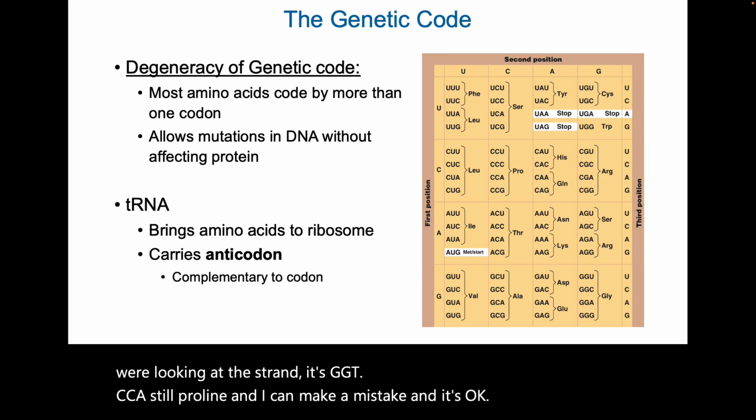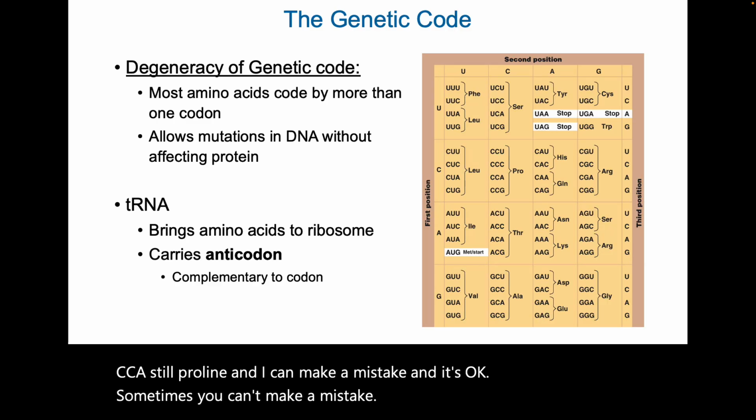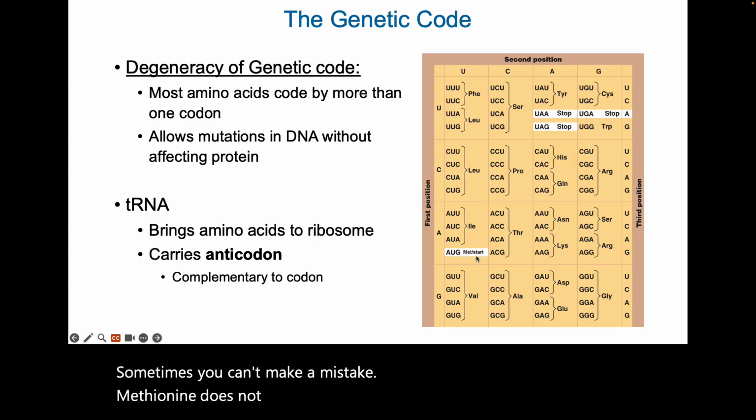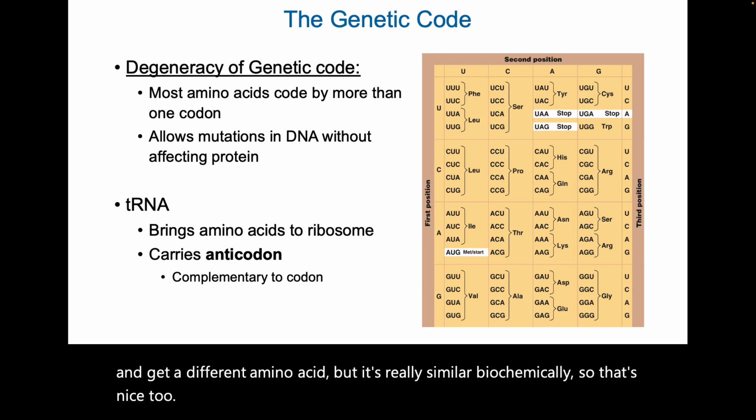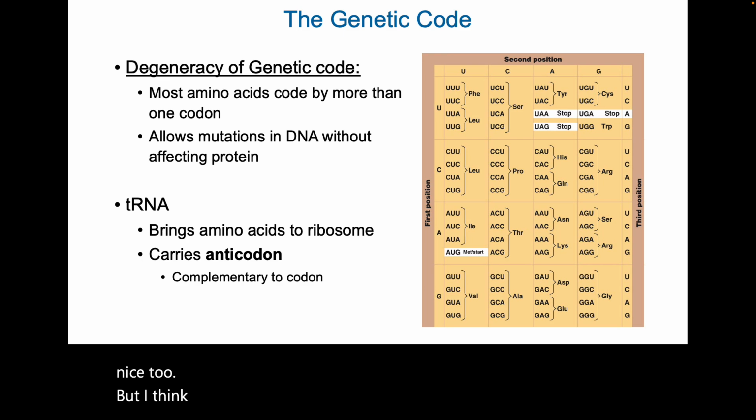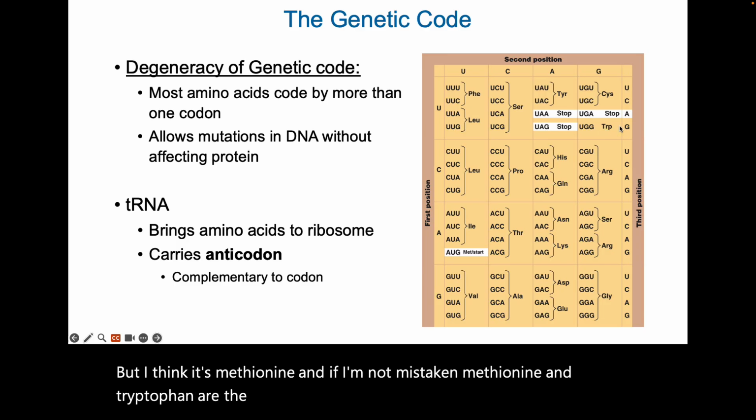Sometimes you can't make a mistake. Methionine does not let you make a mistake. Okay. But oftentimes you can. And sometimes you can even make a mistake and get a different amino acid, but it's really similar biochemically, so that's nice too. But I think it's methionine and, if I'm not mistaken, methionine and tryptophan are the 2 that are very unforgiving. You get 1 shot.